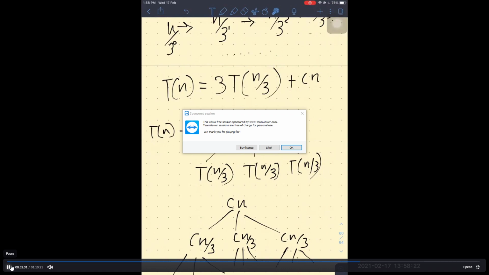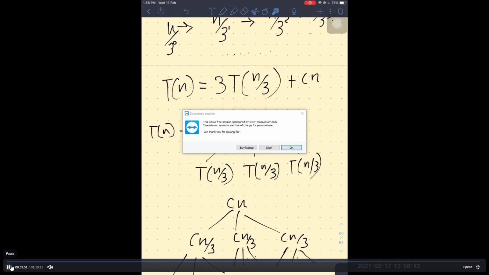Is it clear? Then, for example, instead of n divided by 3, what if you get something like n minus 2 or anything like that? Yeah, then the tree will depend on that function.